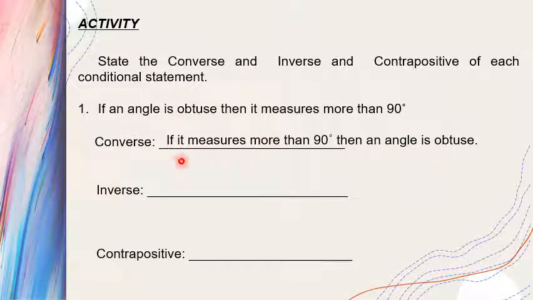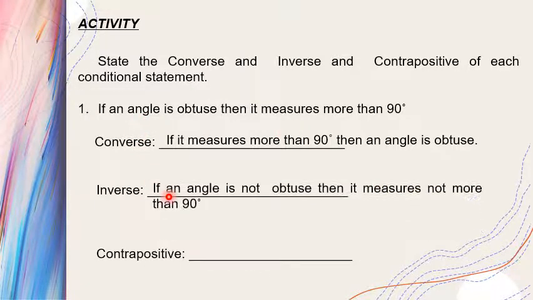Now for inverse, we're going to use the not. From number 1, this is P and this is Q. We use not for P and not for Q. So this is the answer: if an angle is not obtuse, then it does not measure more than 90 degrees.